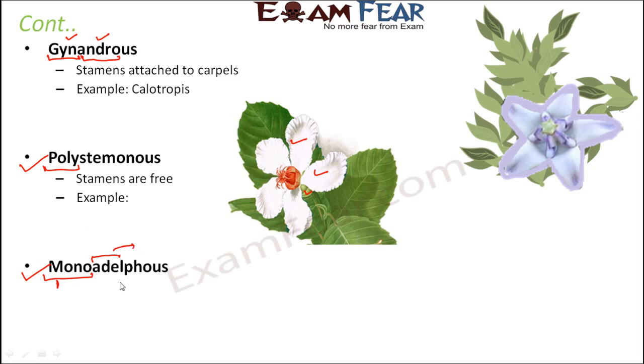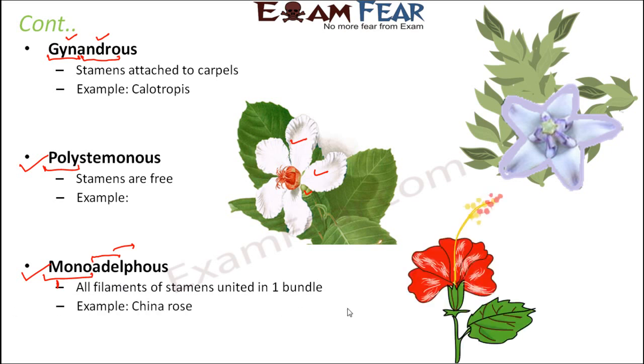So here what happens is, all filaments of stamens are united in one bundle. So mono means one. So there will be one bundle of all the filaments. That means even though there will be many filaments, all the filaments will be united in one bundle.